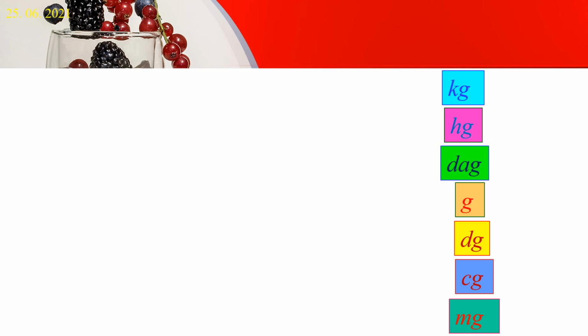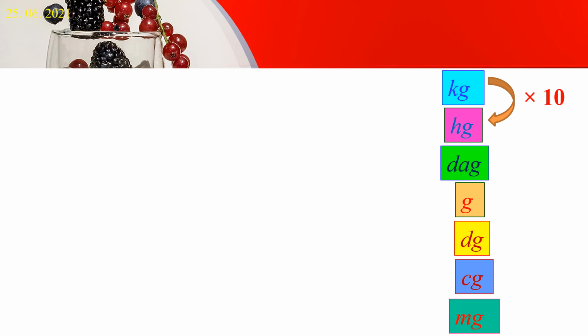Now we have to convert kg to g. Let us see how many steps we are moving from kg to g. Already I have taught these same type of sums. So students, you know very well that for each step we have to multiply by 10.